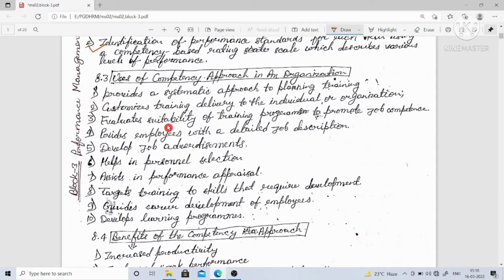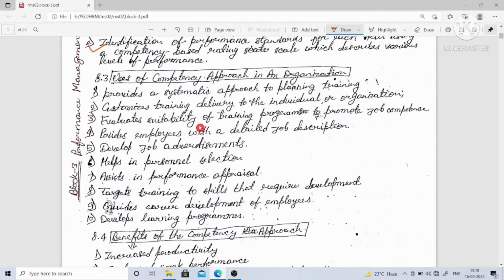So if we know the competency of each individual in the organization, then we can customize the training delivery to the individuals according to their competencies. Third, it evaluates the suitability of training programs to promote job competence.